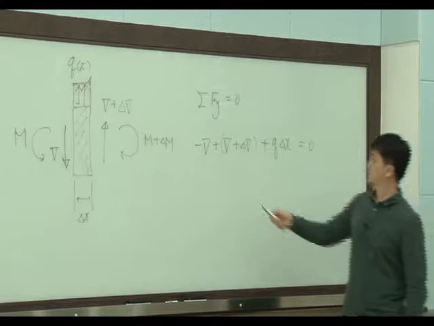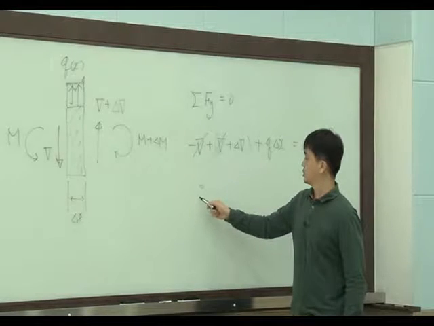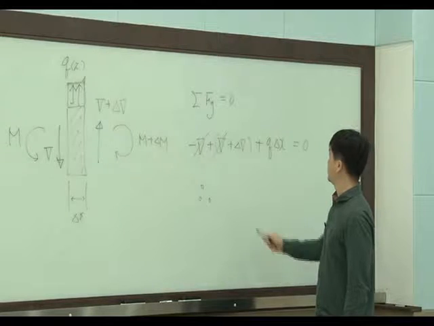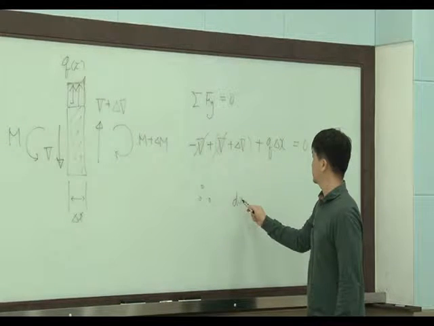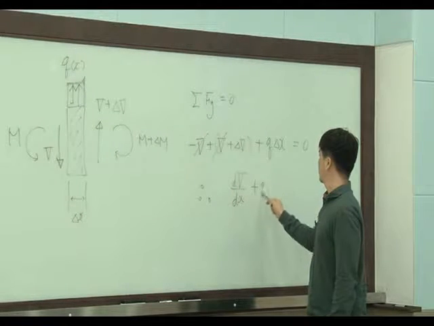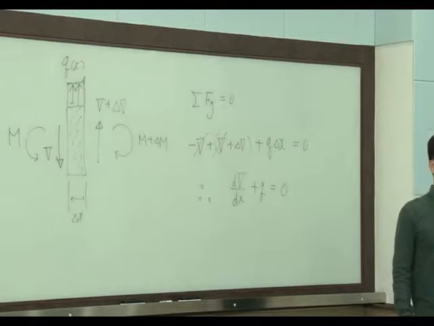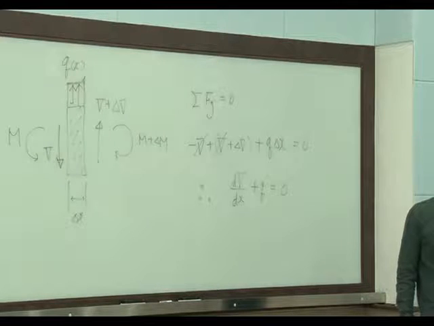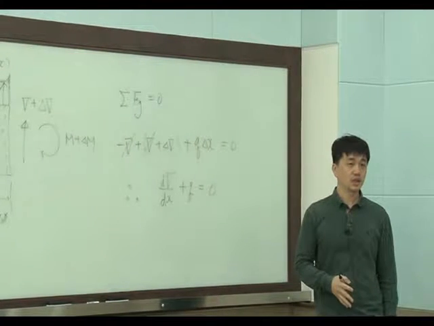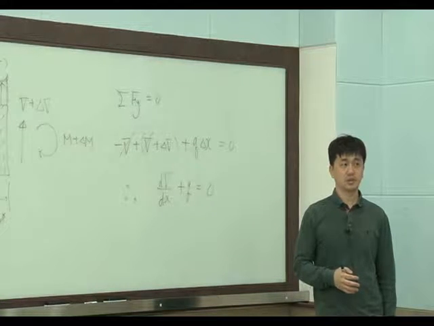Okay, then here this V and this V cancel, and from this equation we find dV/dx plus q equals 0. This is the first equilibrium equation for the beam. So this equation gives us the relation between shear force and transversely distributed load. Okay?